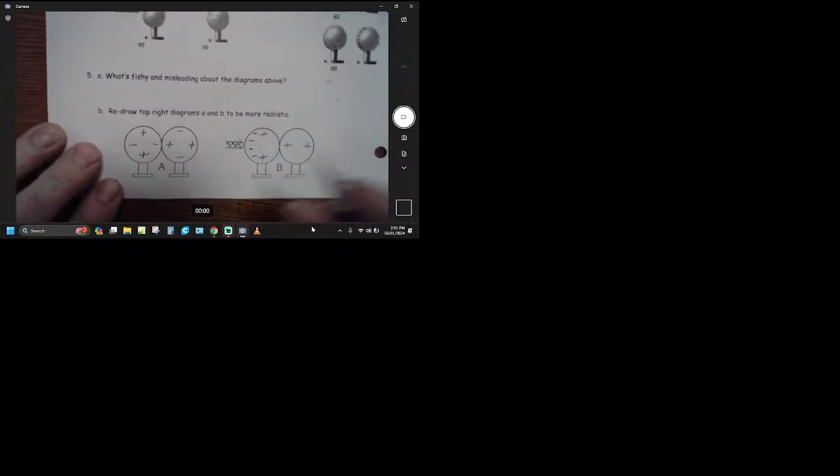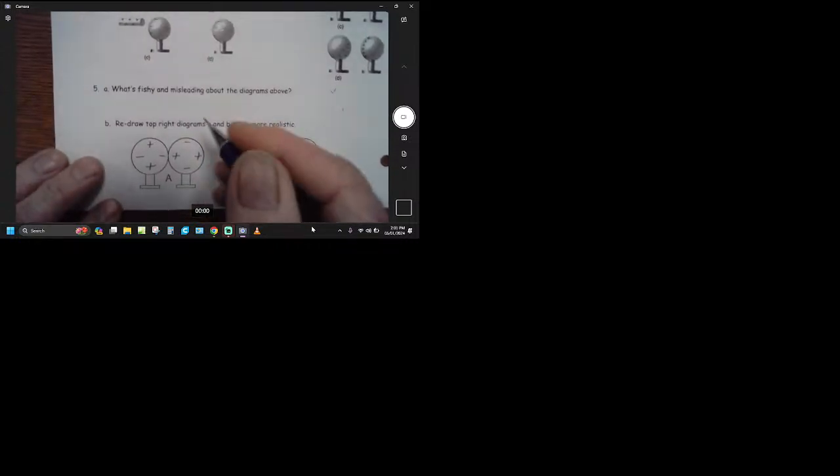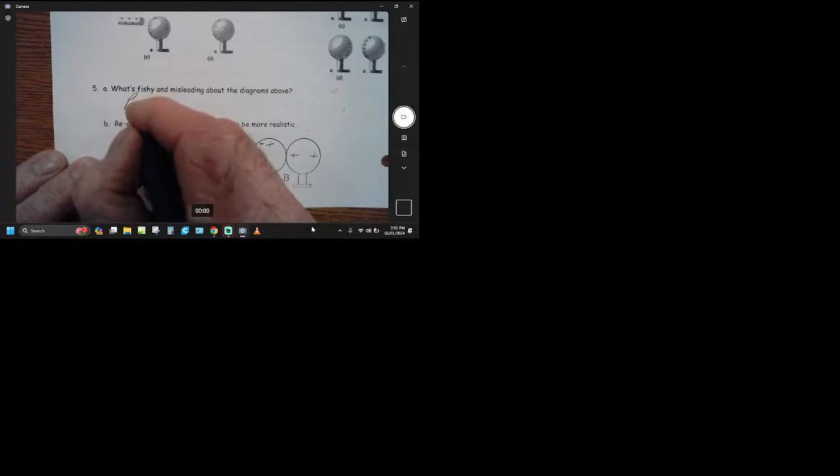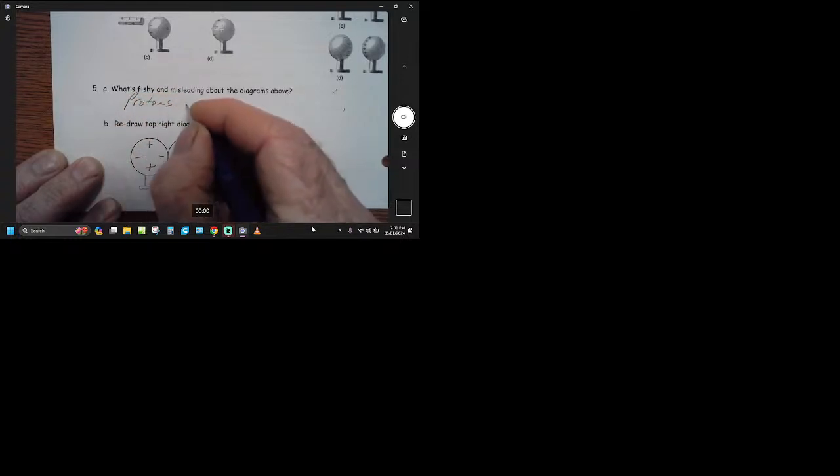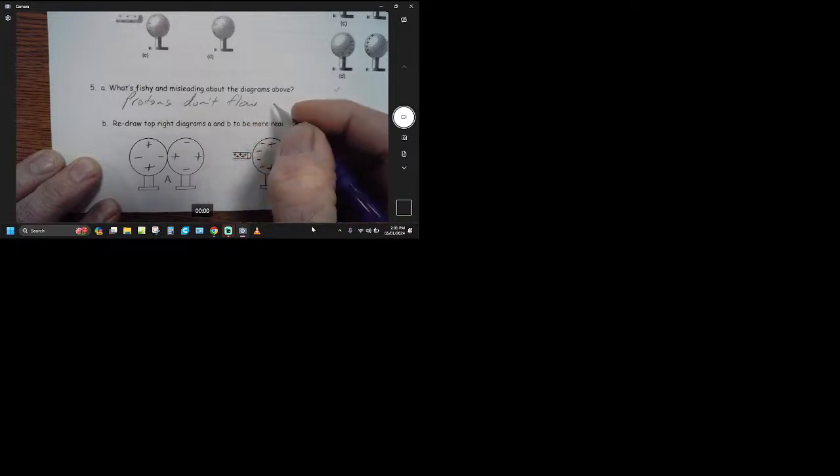All right. Now we're on to the next page. Oh wait, no. What's fishy and misleading about the diagrams above? Protons can't move. Positive charge doesn't flow through, I'm just going to say protons don't flow through conductors.